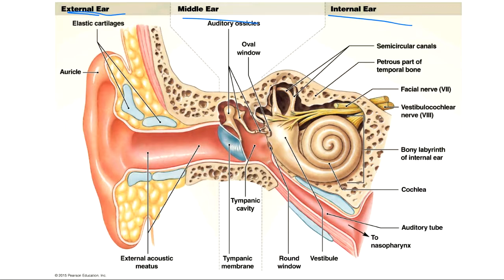So just make sure you can identify all those things. And again, we go over those in pretty good detail with the lectures in terms of identifying how sound happens and the physical process of distorting the auditory ossicles to stimulate the vestibulocochlear nerve. So you want to make sure you review those things as well.